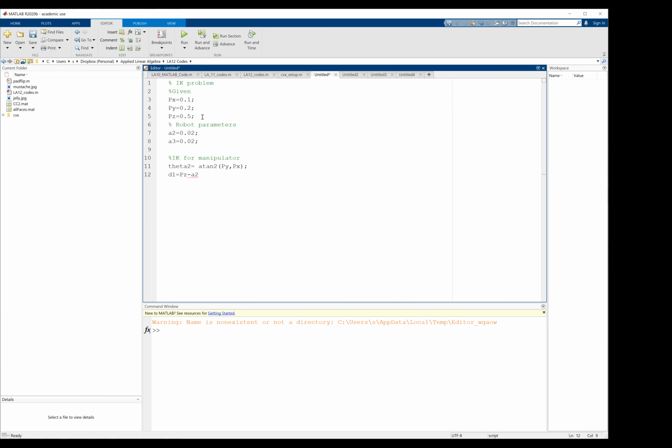minus A2, and d3 is equal to Px minus A3 cosine theta 3 divided by cosine of theta 3.